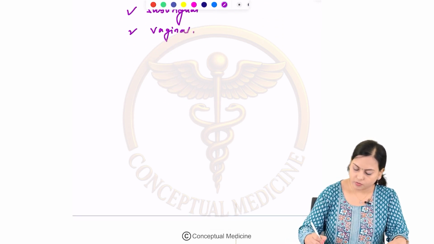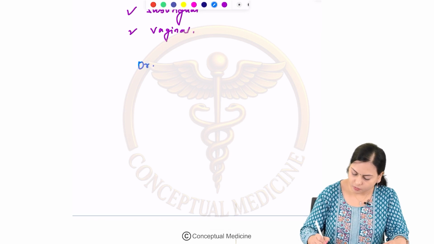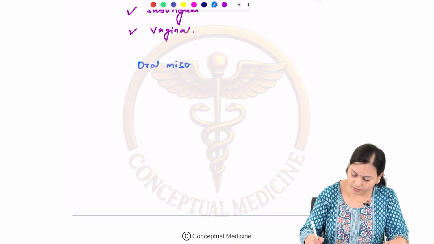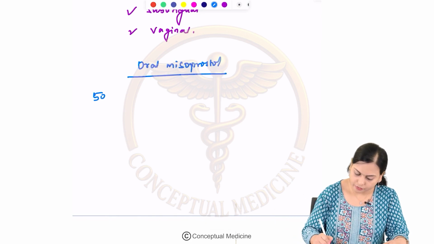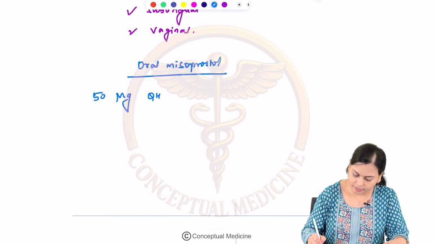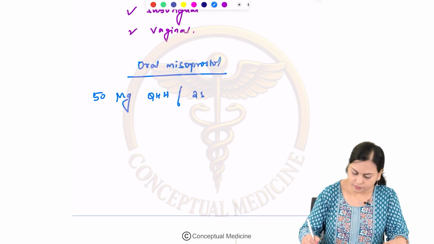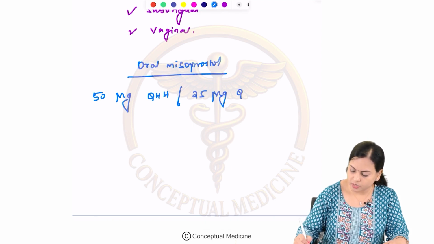If you give oral misoprostol, you can give it at a dose of 50 microgram every 4th hourly or 25 microgram every 2nd to 4th hourly.